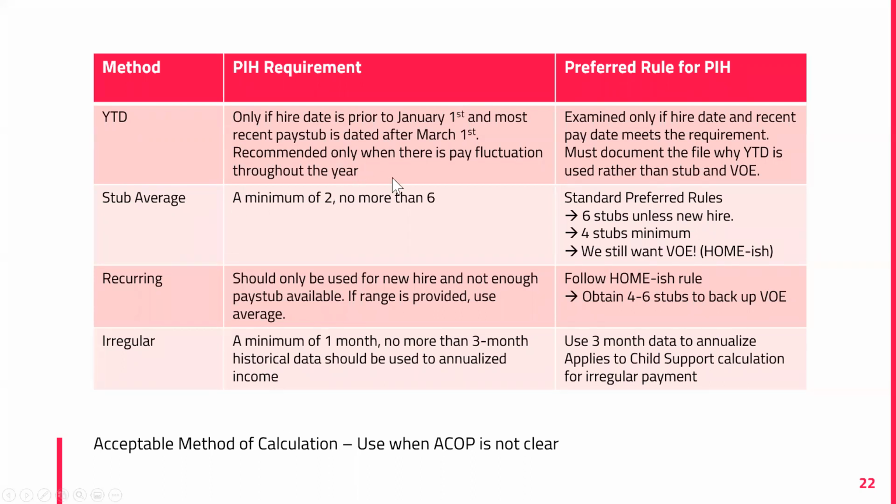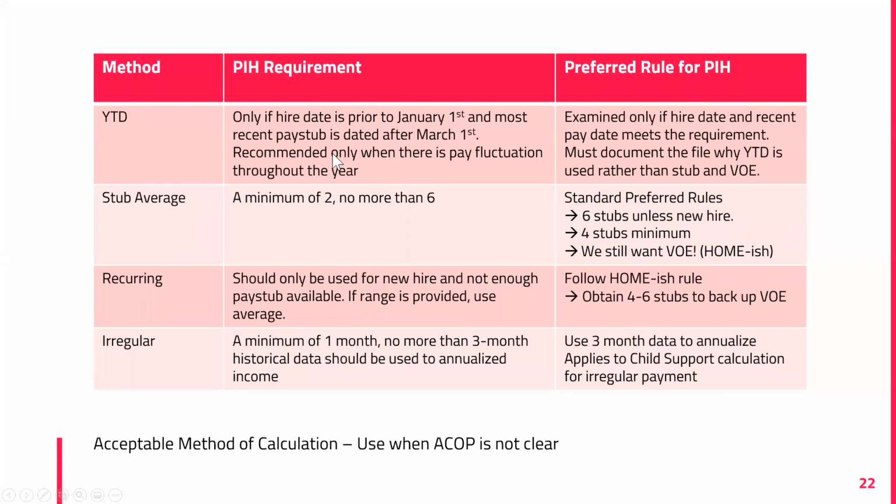The year-to-date, they are very specific on when and how the calculation is used. Year-to-date can only be used if they were hired prior to January 1st, and if the most recent pay stub is dated after March 1st. I'm going to interpret that as the end date of the most recent pay stub, to be conservative.